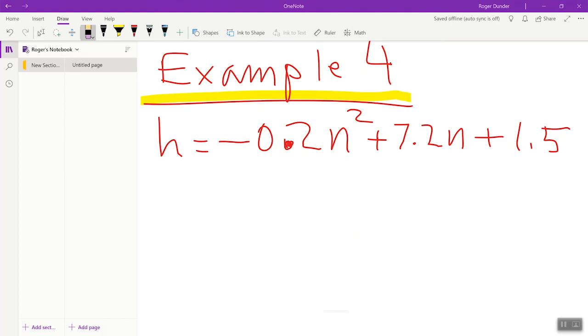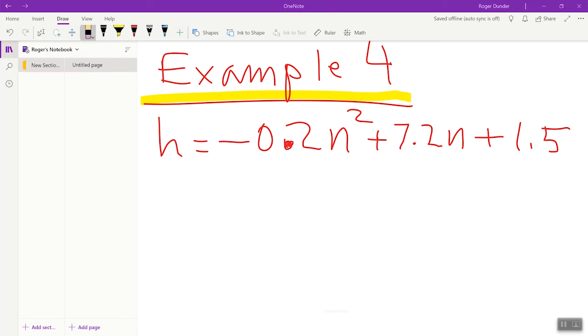Okay, example number 4. We have this equation, which is a model for the percentage of households that have high-speed internet beginning in the year 1990. So H represents the percentage of households with high-speed internet. N represents the number of years starting with 1990. So in 1990, N equals 0. 1991, N equals 1.